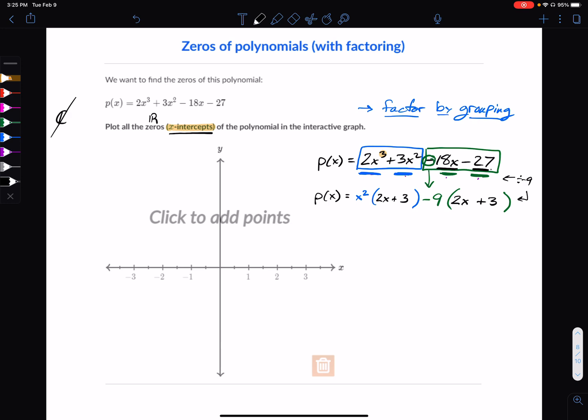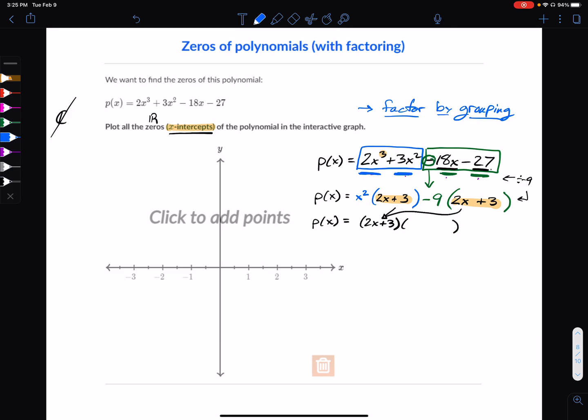Now, what you're probably noticing right off the heels of that step is I have a common factor. I've got 2x plus 3 and 2x plus 3 showing up in these two different chunks. So 2x plus 3 is the common factor. I'm going to pull that out here and set it in one spot.